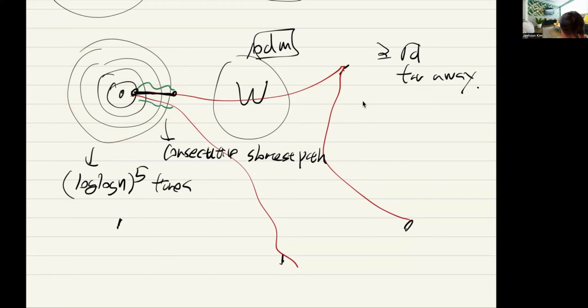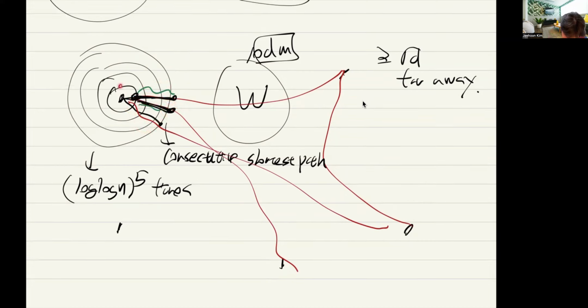And then once you delete these vertices, your second path is the shortest path between these two vertices. And your third path is shortest between these two after deleting these vertices. If you know this, then each of these paths intersects with this layer at most one vertex. If it intersects with two of these, then this is not a shortest path. You can skip this vertex and directly go, which is a contradiction.